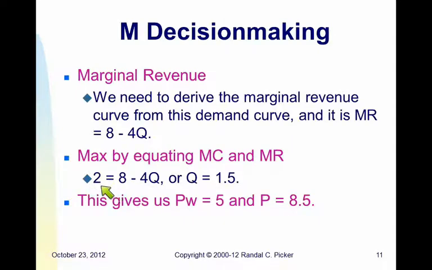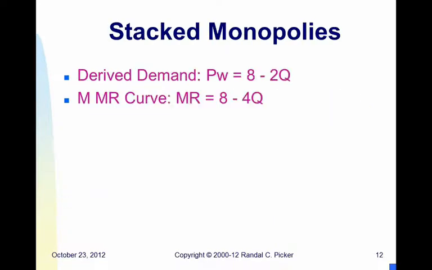Now we're going to work with that 2 at the manufacturing level. And so we set 2 equal to 8 minus 4Q, and we can solve that, and now we get Q equals 1.5. From that we can back out what the wholesale price will be and what the retail price will be. Okay?